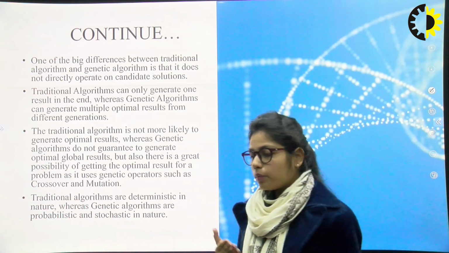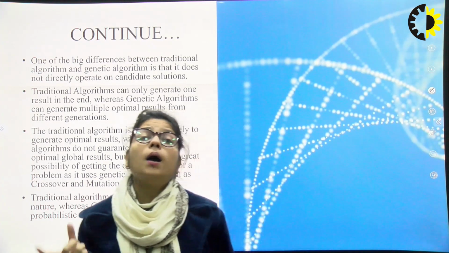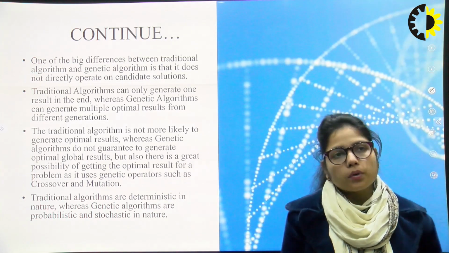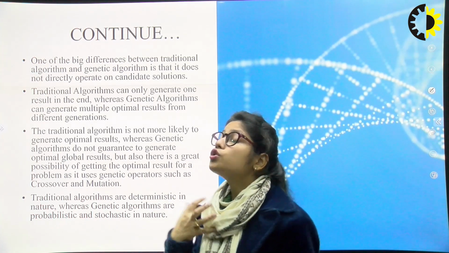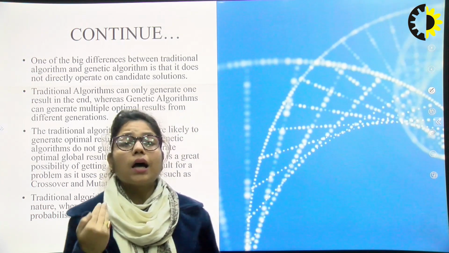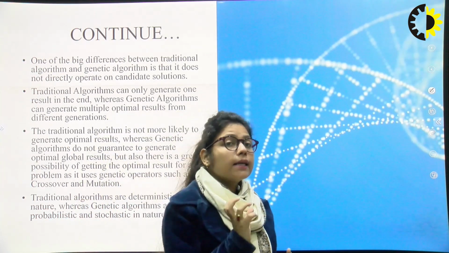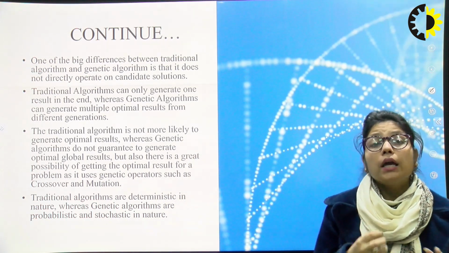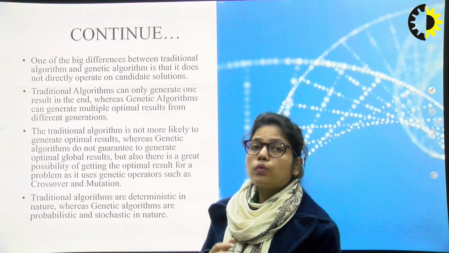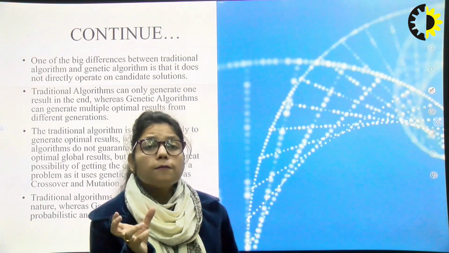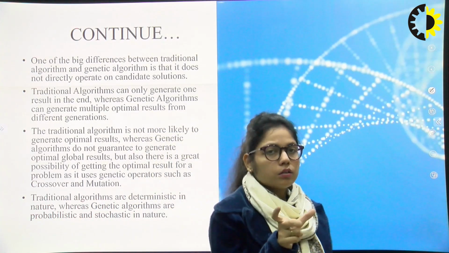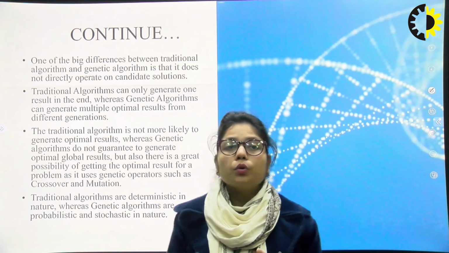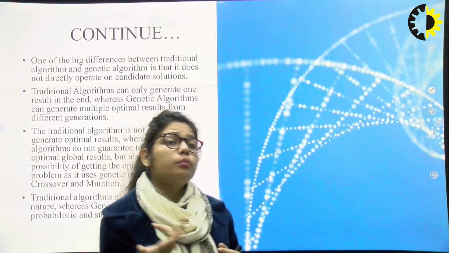Basically, the result given by a traditional algorithm is not optimal, and it is not guaranteed. In a genetic algorithm, generally the output is optimal, because it uses genetic operators such as crossover and mutation. In mutation, suppose we have a parent and their child. We interchange some bits, this is called mutation, or we add some extra bits, this is also called mutation.